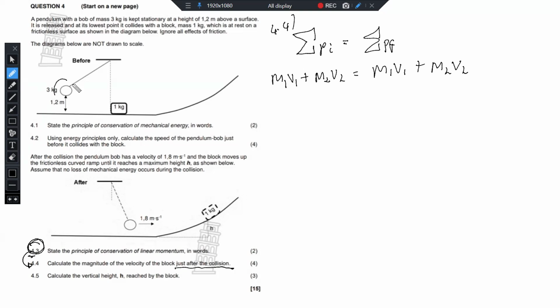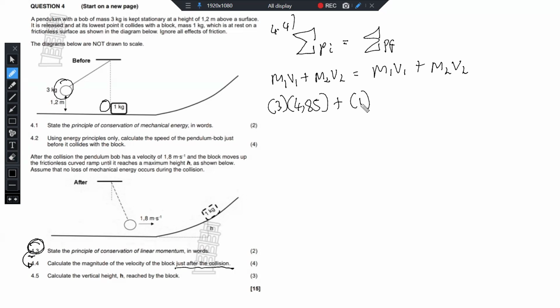But remember the bob, we calculated from before that just before it collides with the block, it had a velocity of what? 4.85, right? Which is the one that we calculated from above. And then the mass of the block is 1.